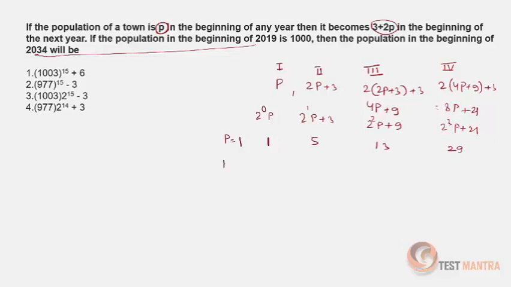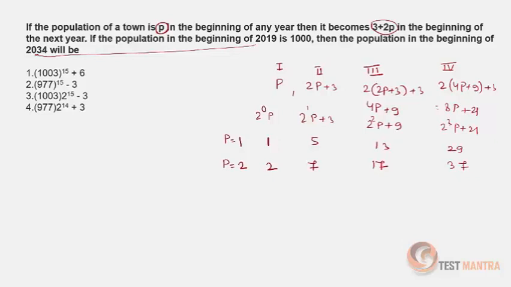I'll take one more example just to identify. Suppose p is equal to 2. This is 2, and this value is how much? 2 into 2 plus 3, 7. Then now this value is 17. Then this value is 37, and this process continues, right?